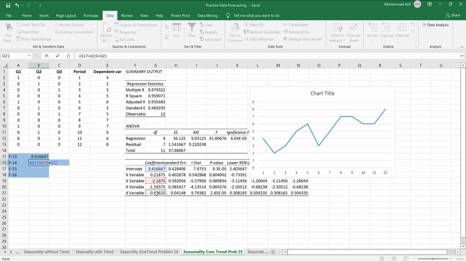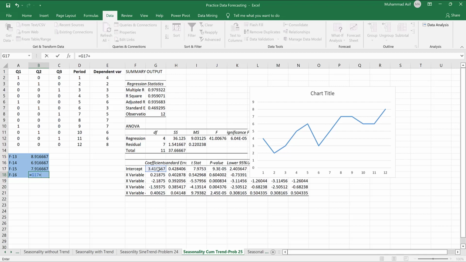this one multiplied by 14, and then it is equal to intercept plus q3 multiplied by 1 and q1 and q2 multiplied by 0, plus the period or trend variable multiplied by 15, and the last one is equal to intercept plus q1, q2 and q3.